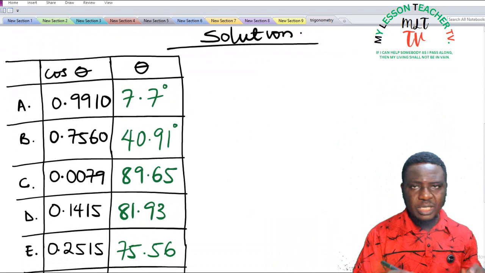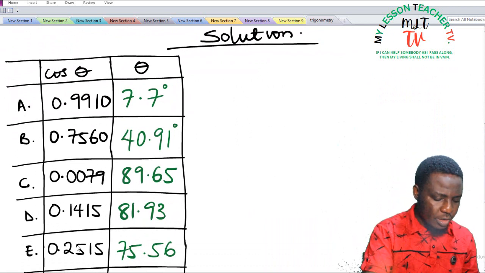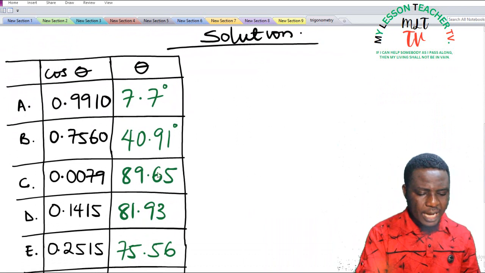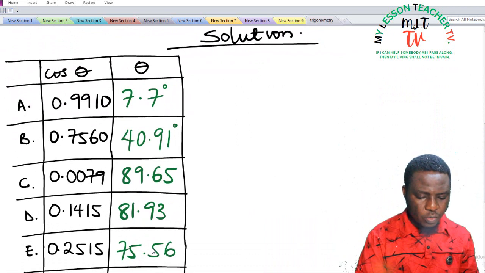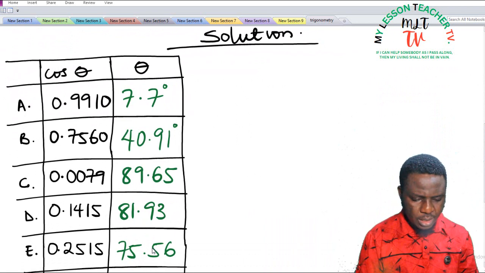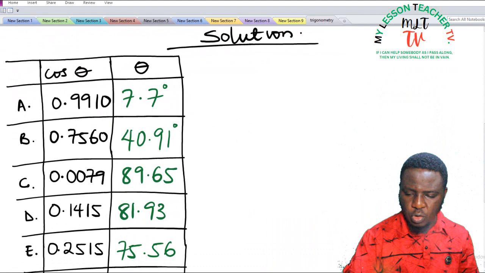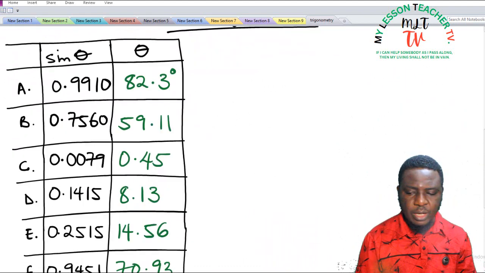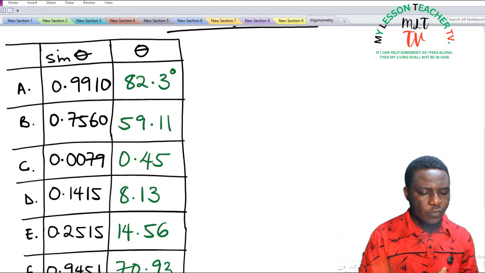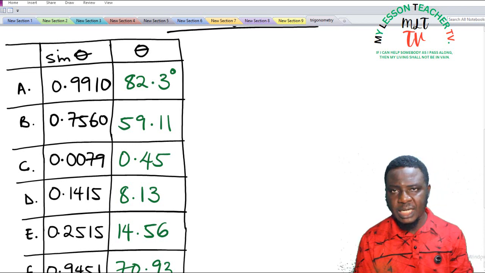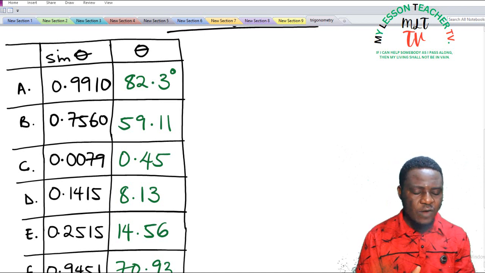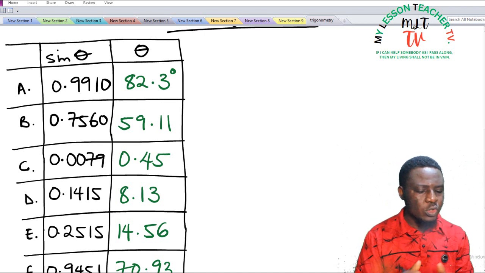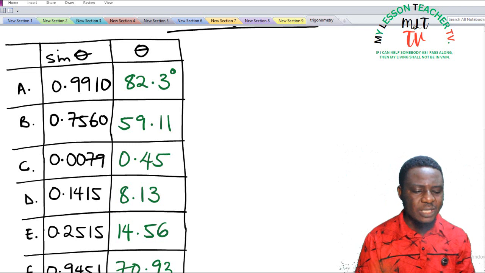For cosine, you press Shift cos and the values under cos theta, and it gives you the corresponding angles, which may be approximate. Same thing with sine. These are the ways you can make use of your trig tables in getting the values for sine, cosine, and tangent, as well as to find the corresponding angles whose sine, cosine, and tangents have been given.